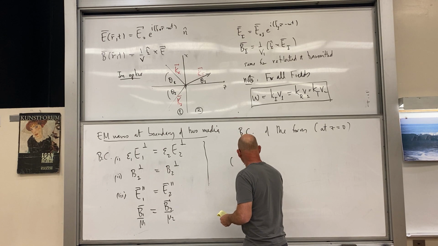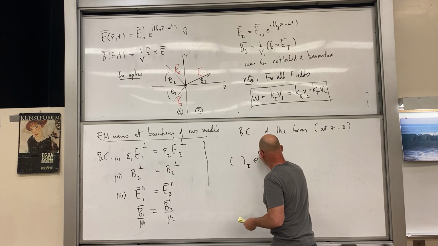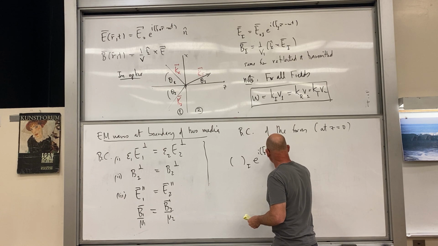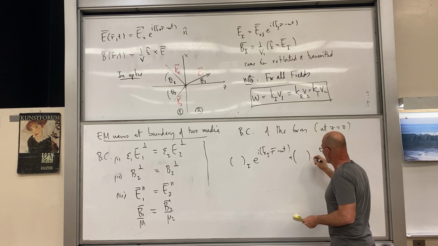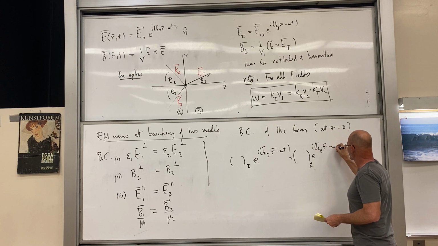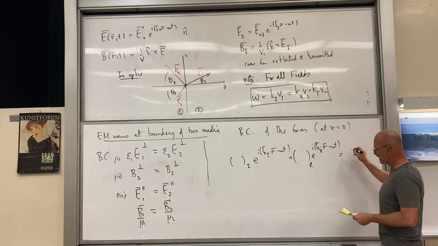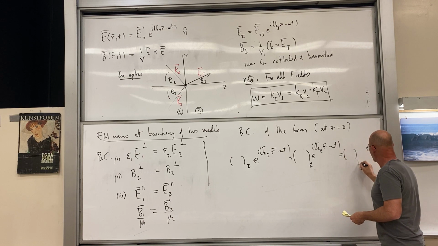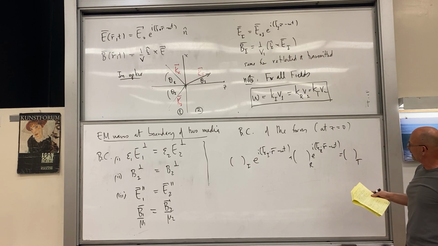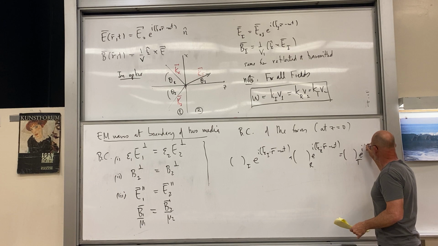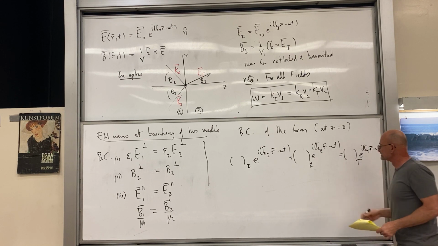So we have something on the incident side, e to the i k incident dot r minus omega t, plus reflected, k reflected dot r minus omega t, equals transmitted, and we're just filling in the names of these fields. e to the i k transmitted dot r minus omega t.